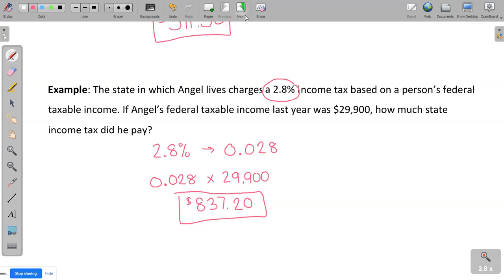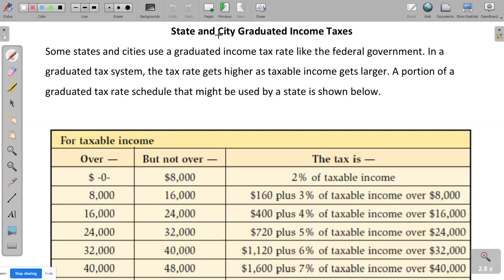Okay, now let's look at another method: a graduated income tax. Some states and cities use a graduated income tax rate like the federal government. In this tax system, the tax rate gets higher as the taxable income gets larger.